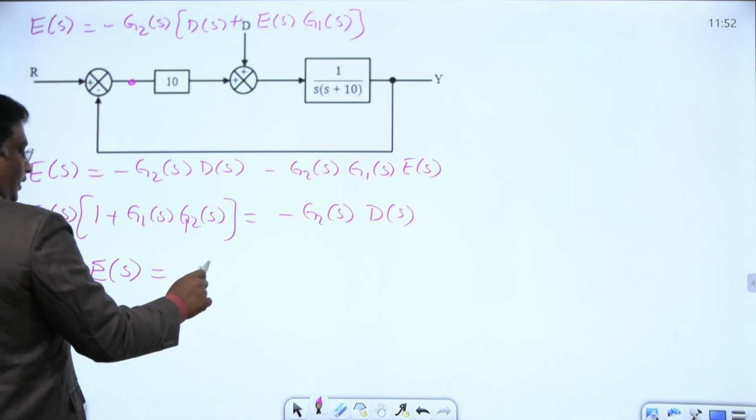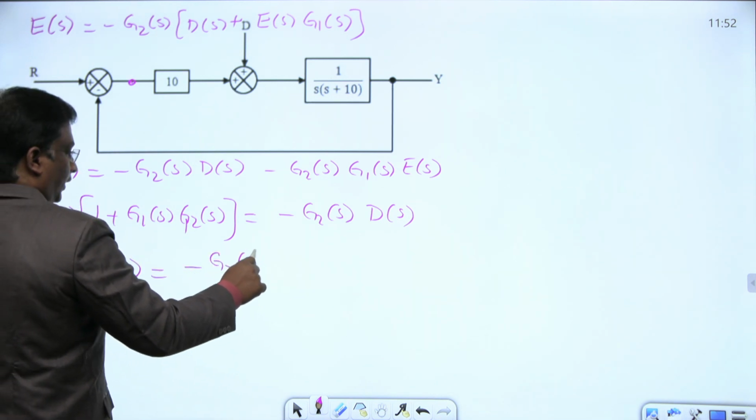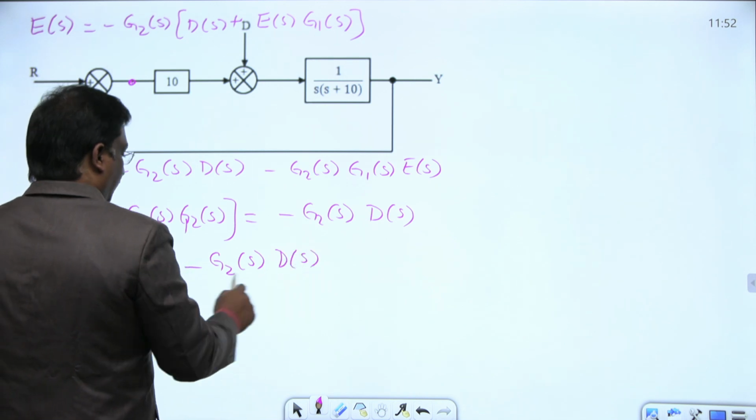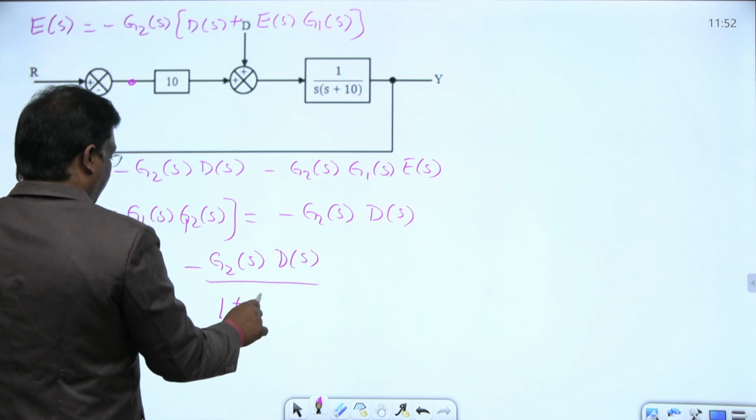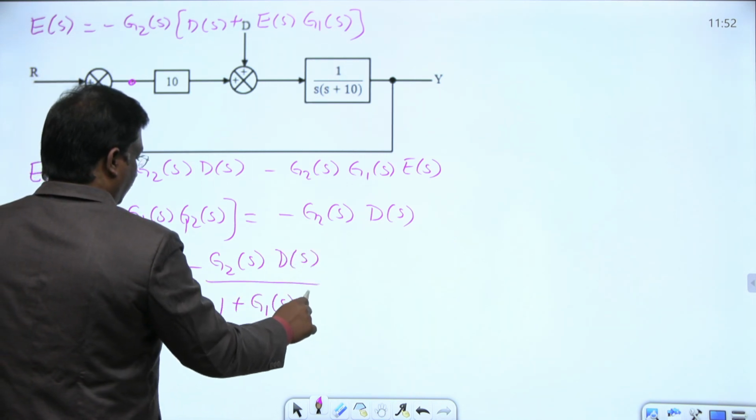This steady state error is nothing but G2 of S into D of S divided by 1 plus G1 of S, G2 of S.